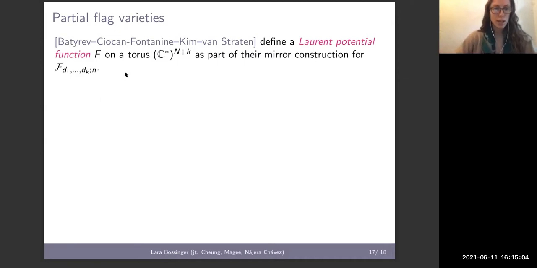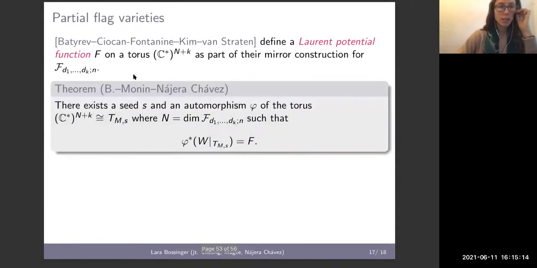So they're generalizing work of Givental in the case of the full flag, and part of their mirror construction is this Laurent potential function that is called F. And also in this case, we managed to prove that there is a certain choice of seed for the corresponding X variety, I'm sorry, that pulls back the theta potential to this Laurent potential.